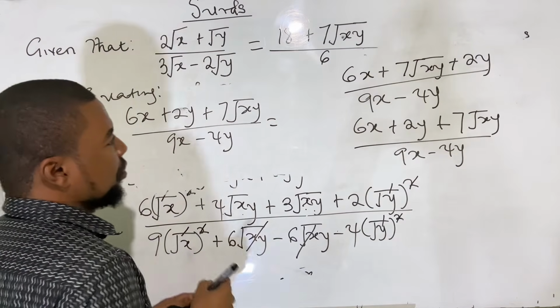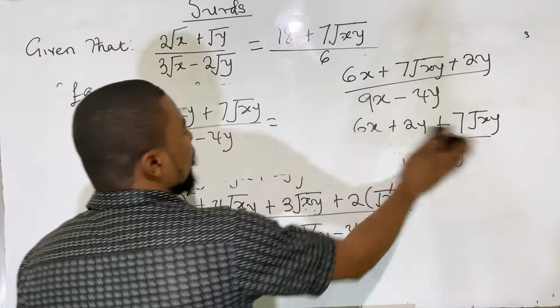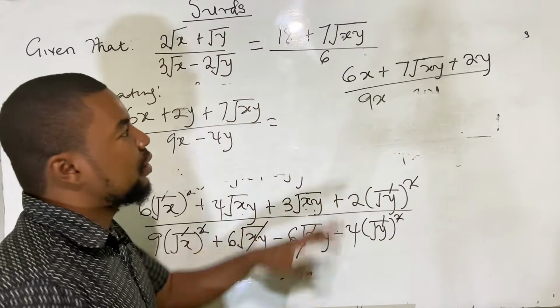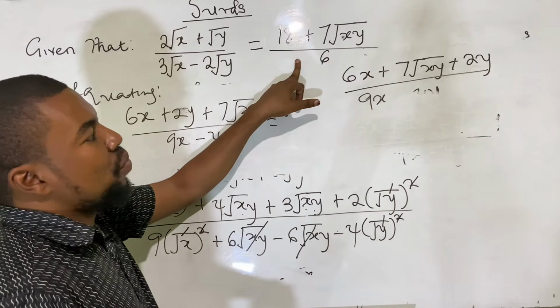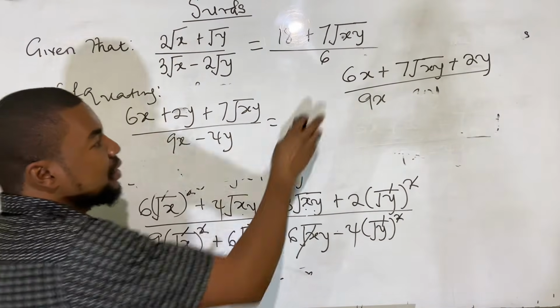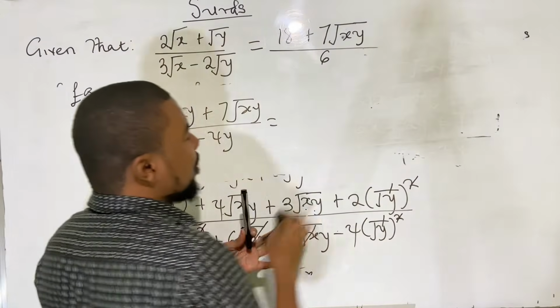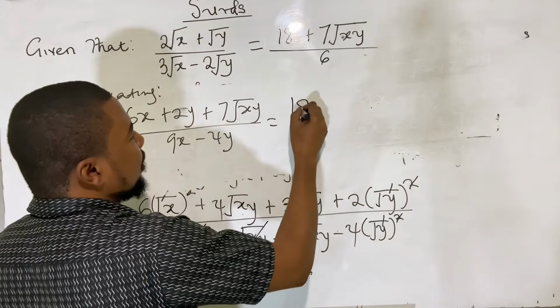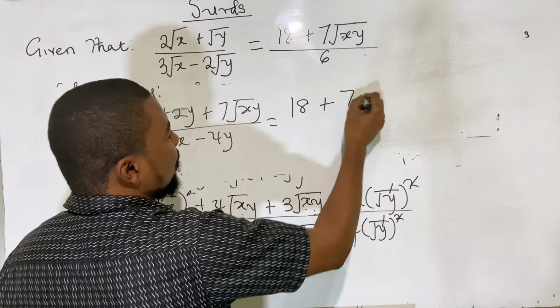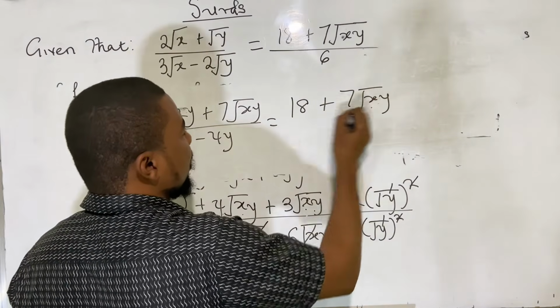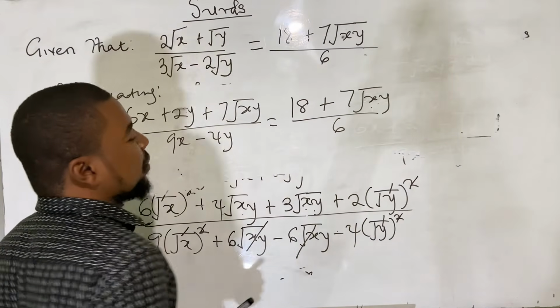And this is equal to, so we equate this to this one here, which we had initially. Since they're equal, we also have to equate them back. And this is equal to 18 plus 7 square root of xy over 6.